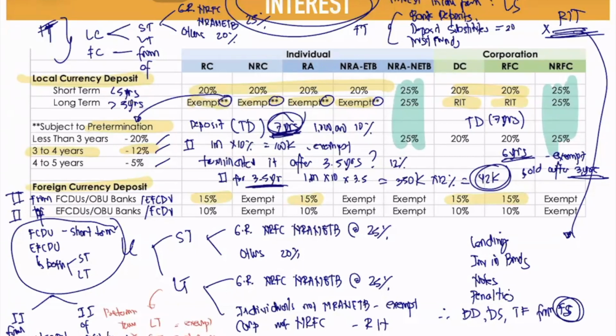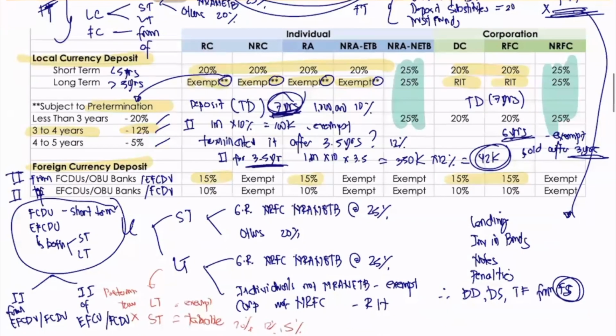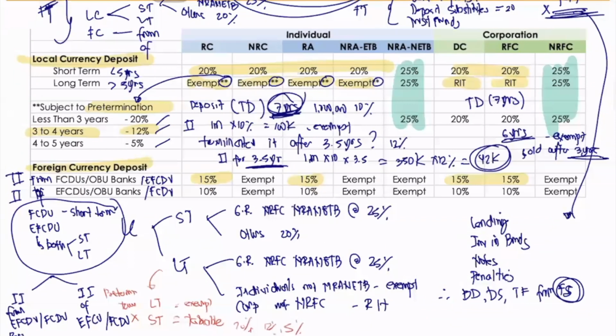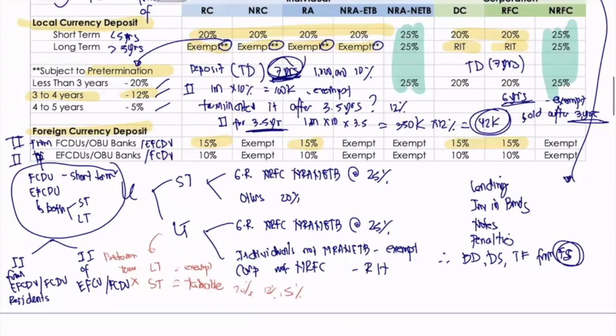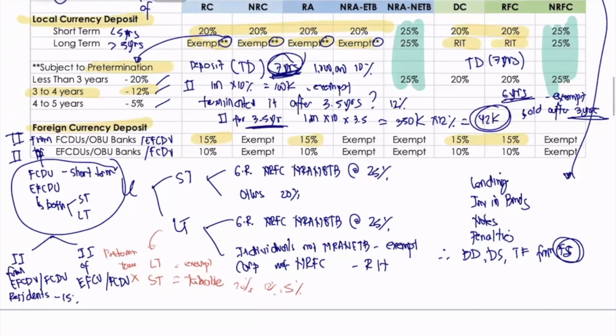Okay? 15% for residents. Ayan, 15% resident citizen, resident alien, domestic, and resident foreign corporation. Pero pagka hindi siya resident, meaning non-resident siya, non-resident citizen, NRA-ETB, NRA-NETB, and NRFC, exempt siya.